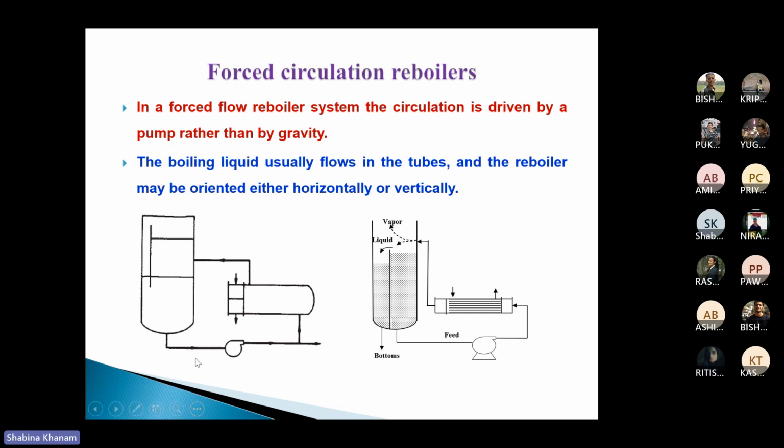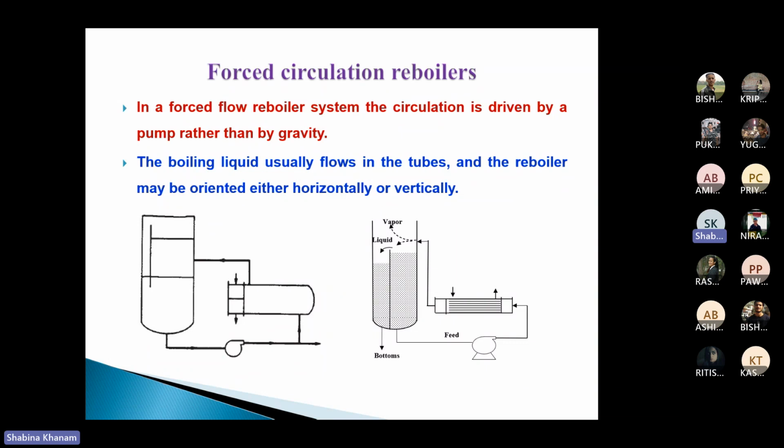Okay. And these pumps, you can see, are used for movement of the liquid. So when we consider this forced circulation reboiler, this is used where natural circulation is not possible, where I'm having more viscous fluid, or fluid having higher fouling tendency.